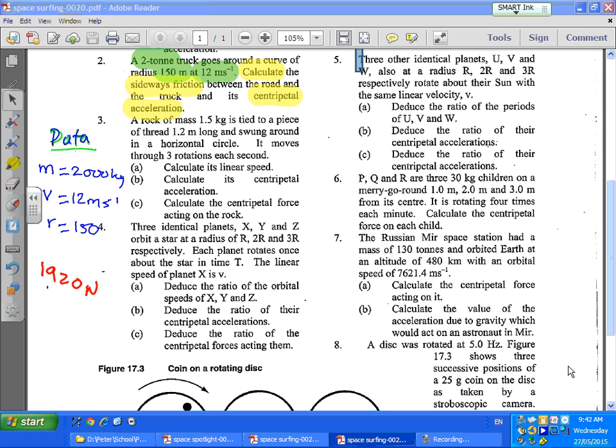Remembering, if F equals ma, and I want A, divide by M, which is 2,000.